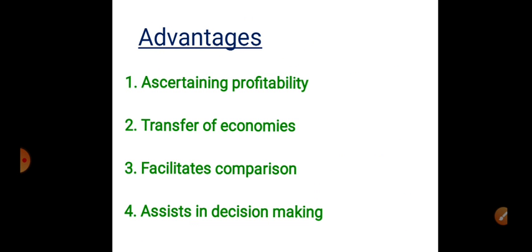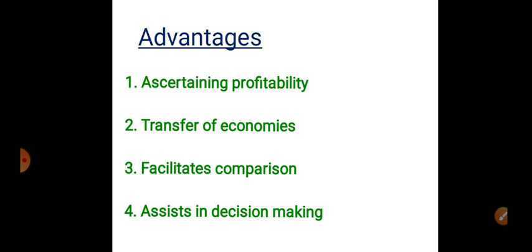But here we are adding the profits under each process, so we can ascertain the profitability of each process. We can tell in which process we are earning more profits, in which process less. So ascertaining profitability is very helpful under inter-process profits.